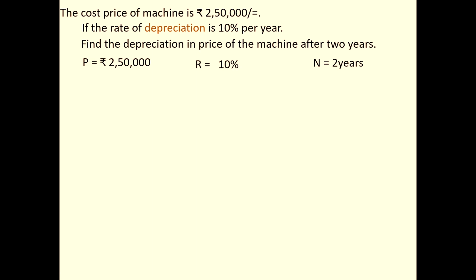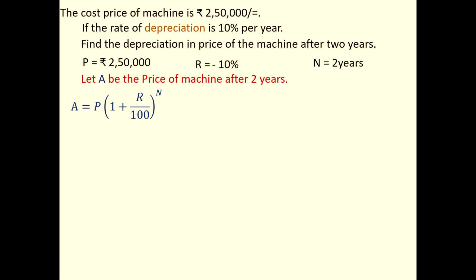Since it is depreciation, we will put a minus sign with the rate. Let A be the price of the machine after 2 years. The amount formula will be the same, but the rate will be substituted as minus 10, not plus 10, because the price is depreciating.